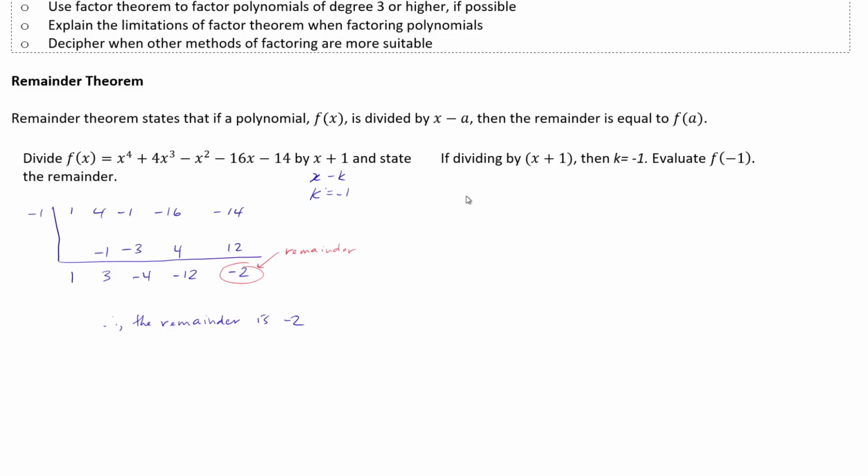And the reason for that is as follows. You will recall this equation, which is that the dividend is equal to the divisor times the quotient, then plus remainder.